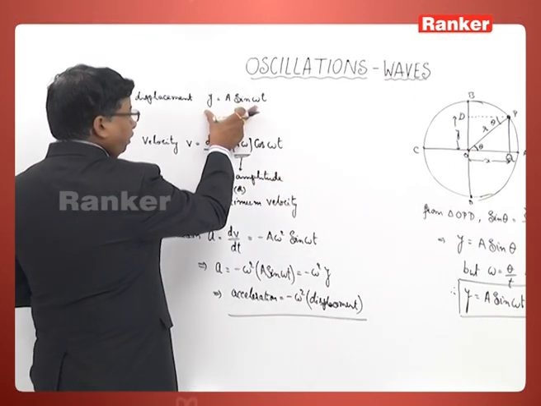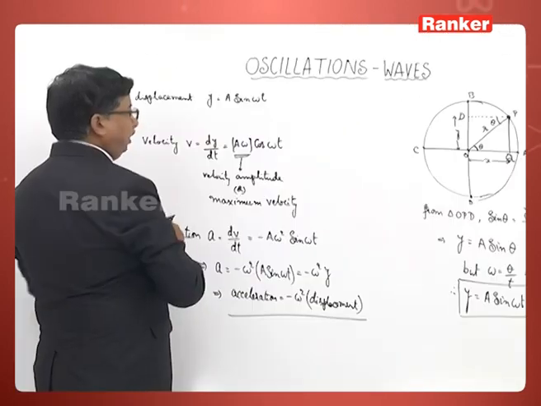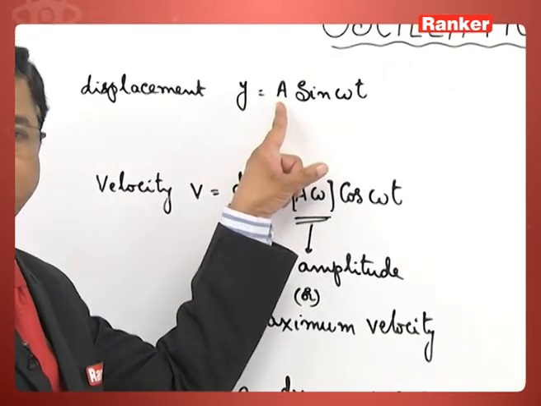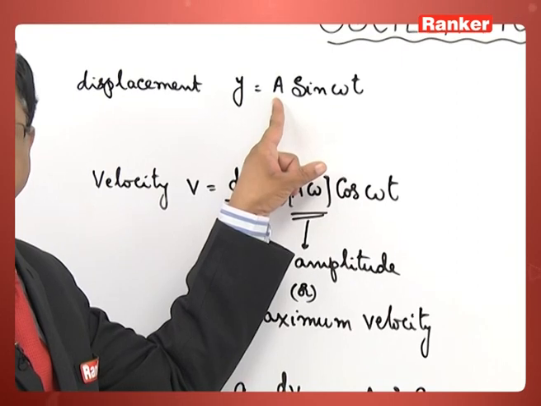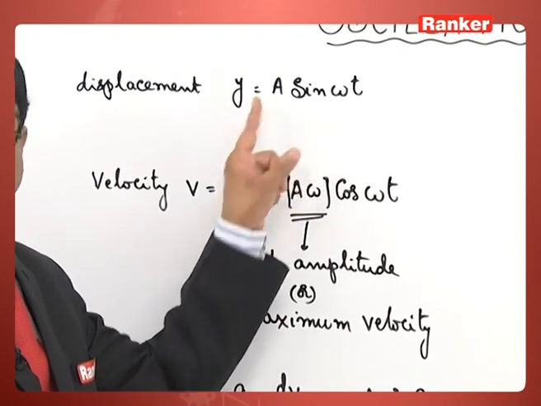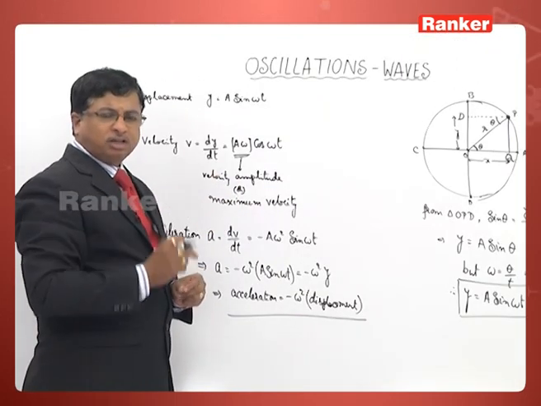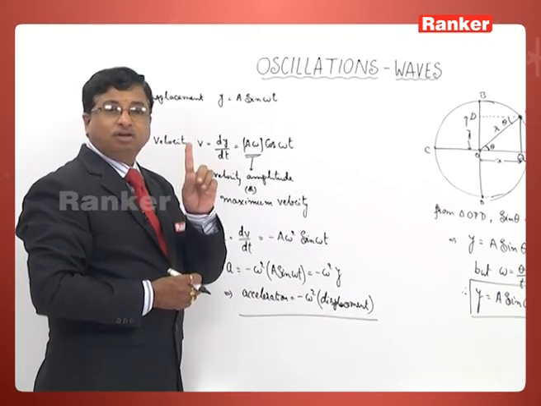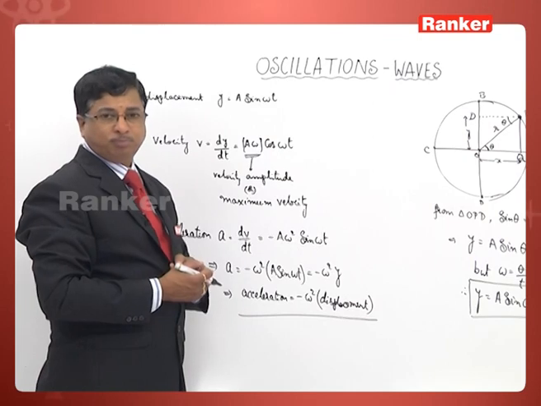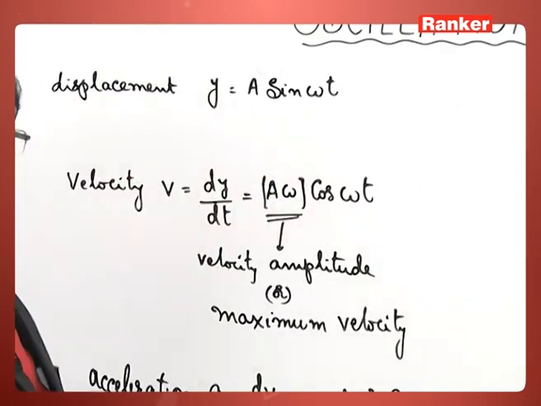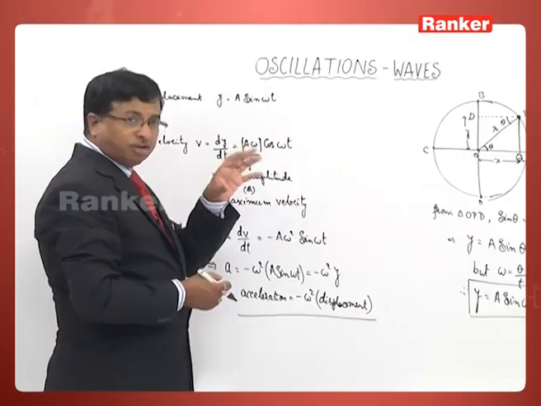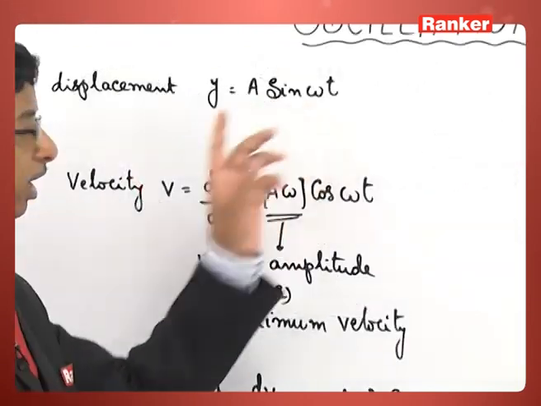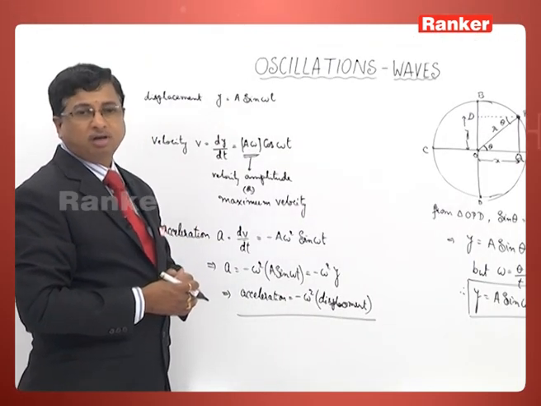When you consider the displacement equation carefully, the amplitude of oscillation of a particular body will definitely be constant. As far as a wave is concerned, there will be only one maximum displacement, unless it is a damped oscillation or a damped wave. So amplitude remains constant, the sine function remains constant, omega remains constant for a particle.